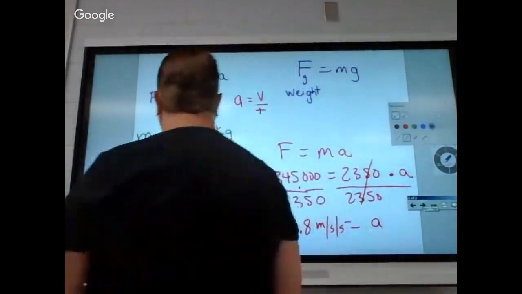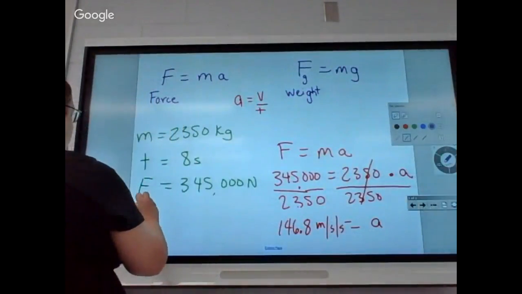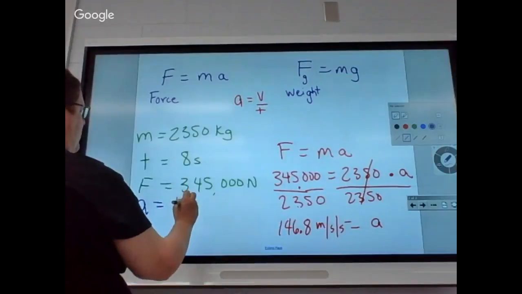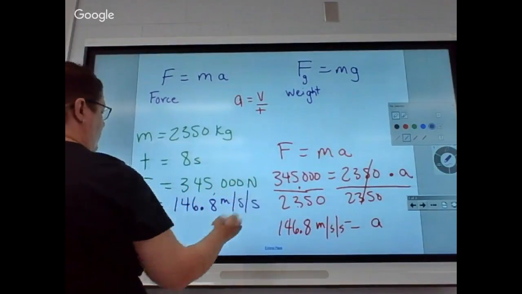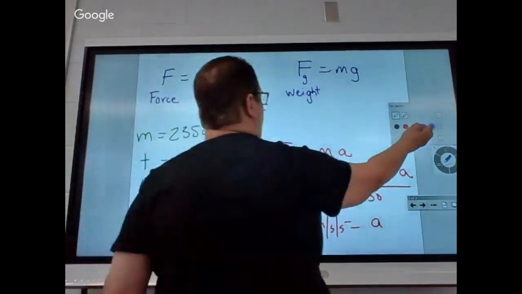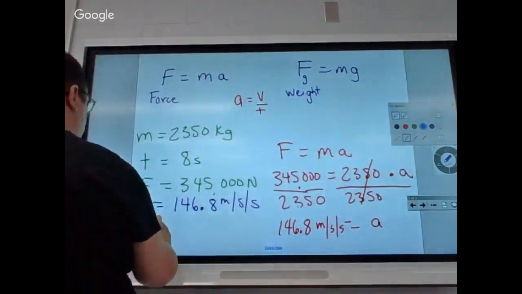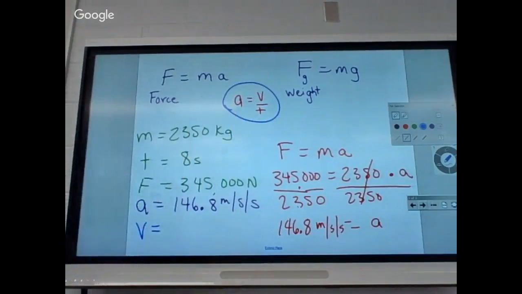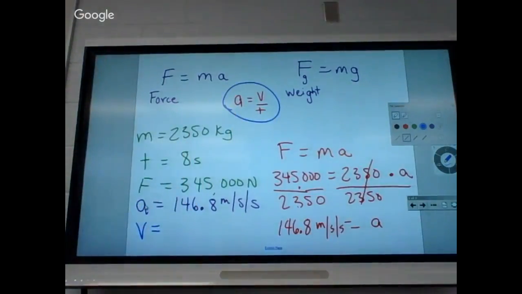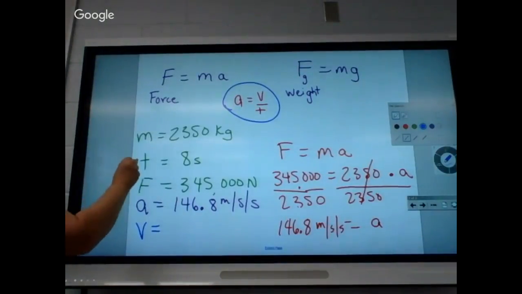Okay. You found A was 146.8. And you want to find now the velocity. Now you need an old formula, because you know acceleration and you know time.